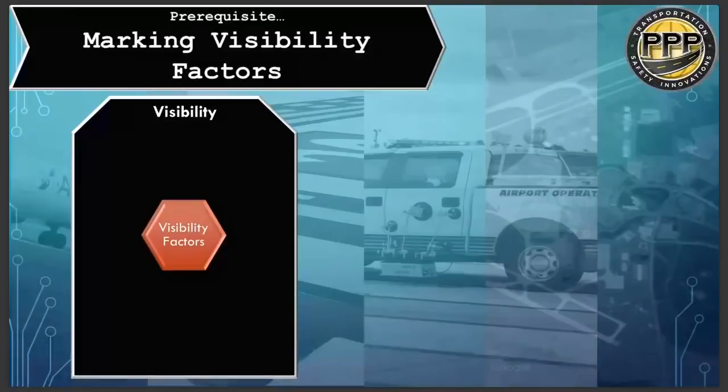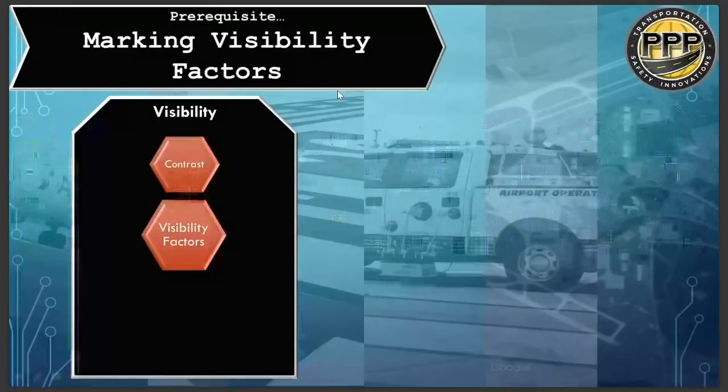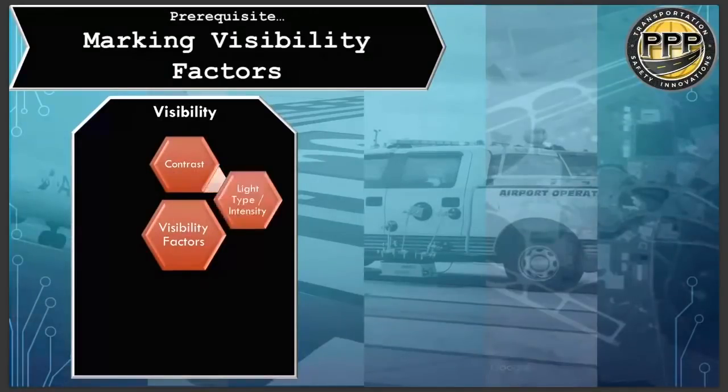So some visibility factors and some of the reasons that we use markings in general: we obviously need some guidance, and to achieve that, these markings provide contrast, like a white or yellow marking on dark pavement. Also, the light type and intensity, speaking to reflectivity or even daytime luminance.